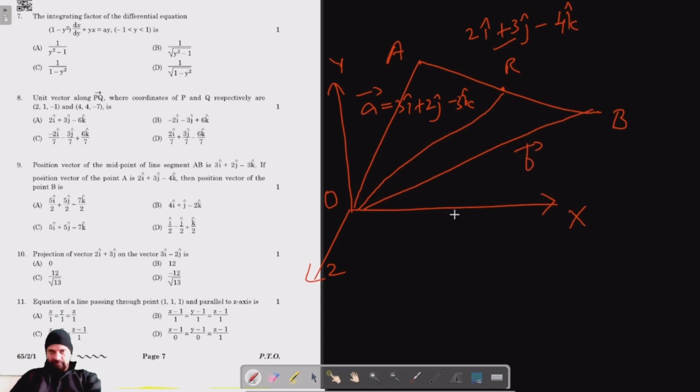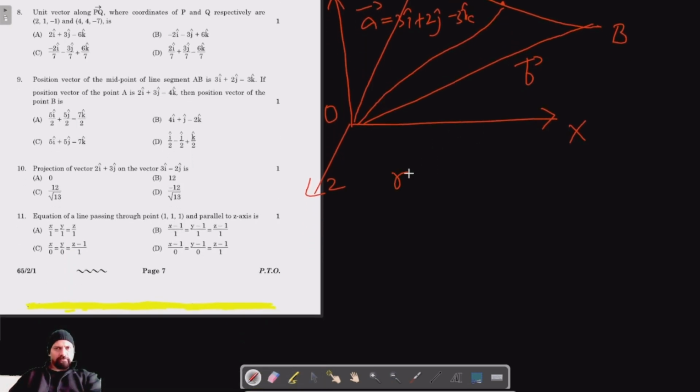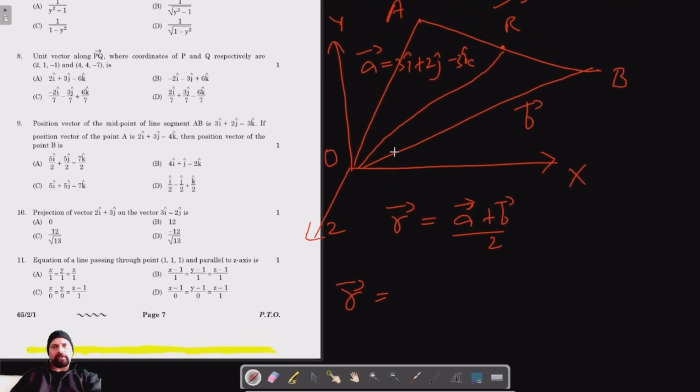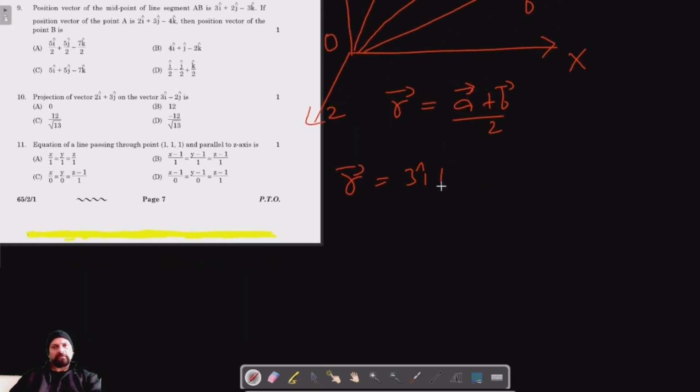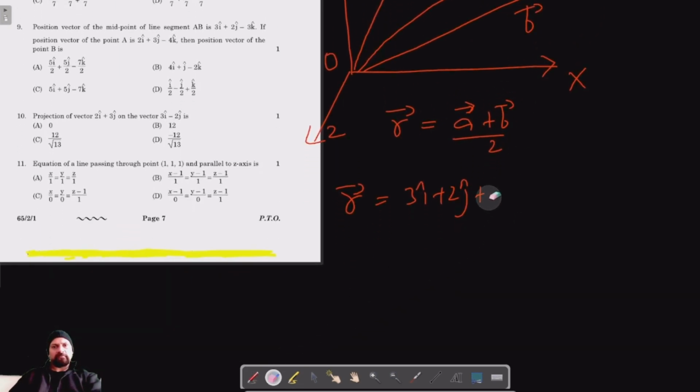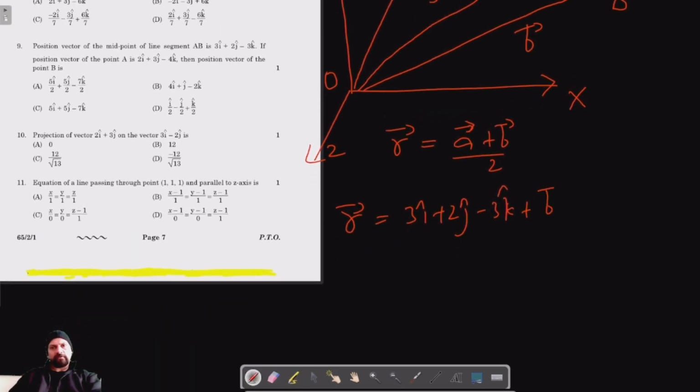Now we know that the position vector of the midpoint is given by A vector plus B vector divided by 2. So R vector is equal to A vector plus B vector divided by 2. We have written it wrong.